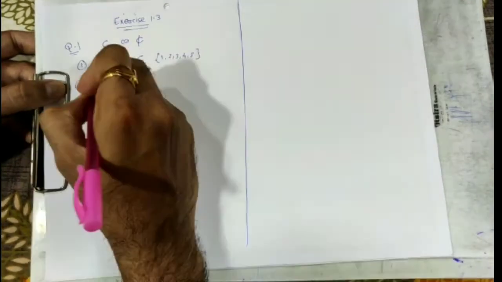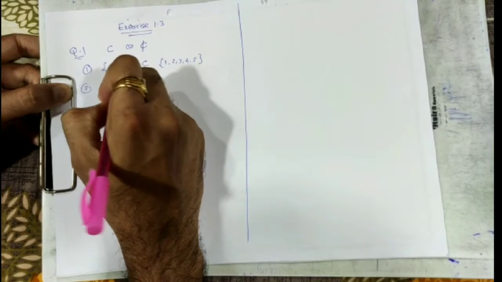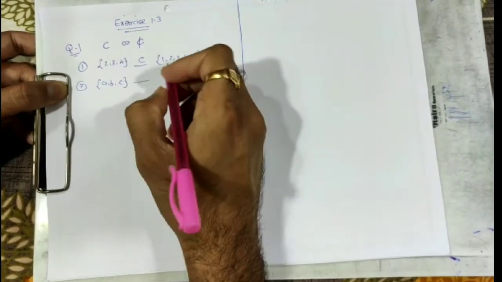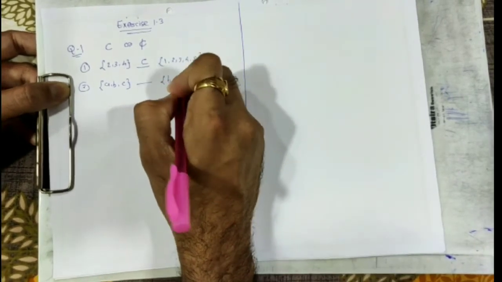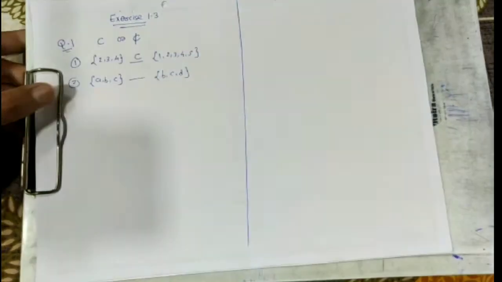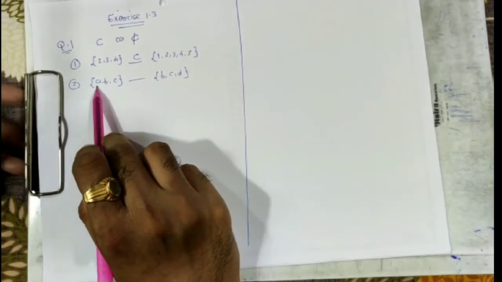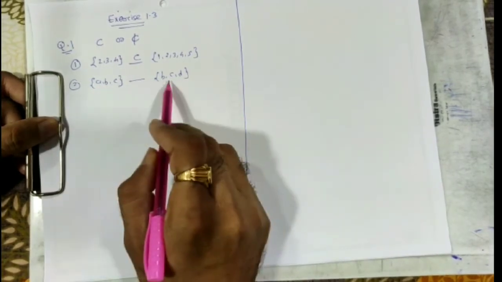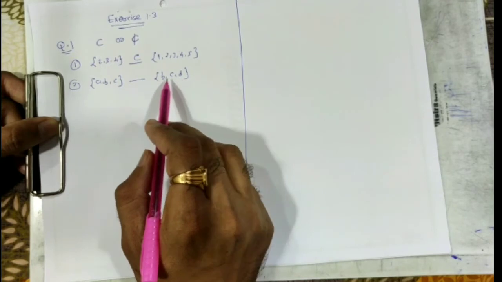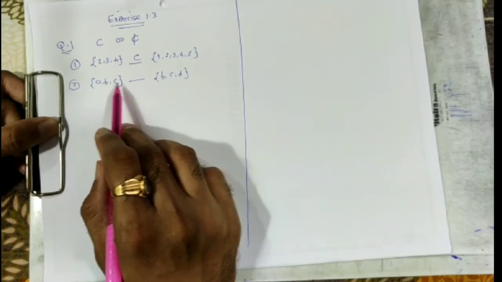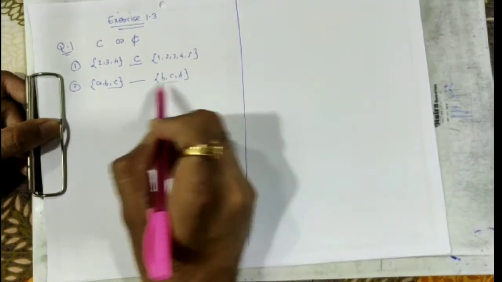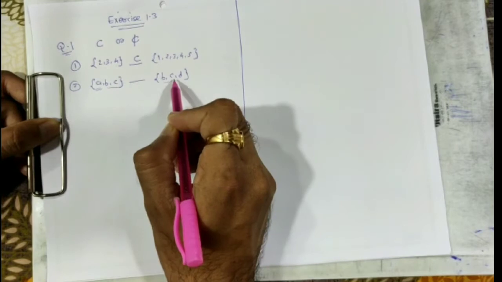Clear? Second one, set {A, B, C} and set {B, C, D}. So here you can say that the element A is not an element of the given set {B, C, D}, so this set is not a part of the set {B, C, D}. Here the elements are A, B, C. B and C are part of this set, but A is not.